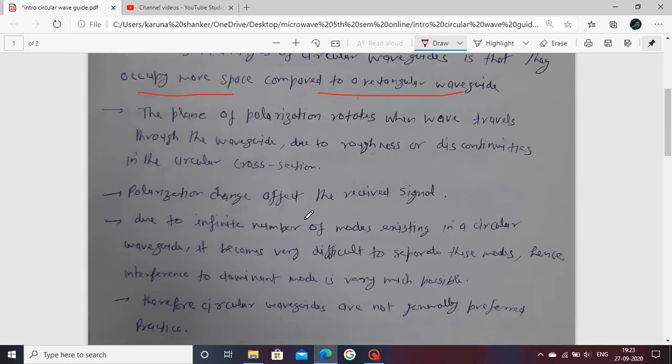Also, the polarization change affects the received signal. That means the plane of polarization is rotated when the wave traverses the waveguide, due to roughness and discontinuity of the circular cross section.